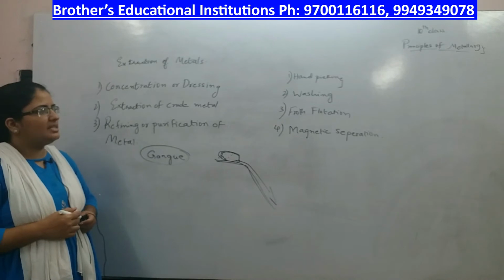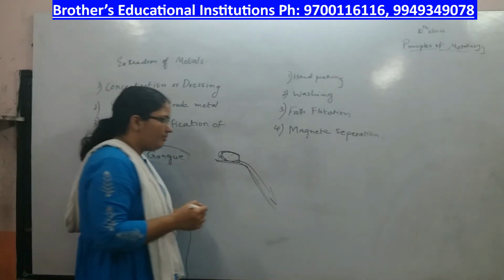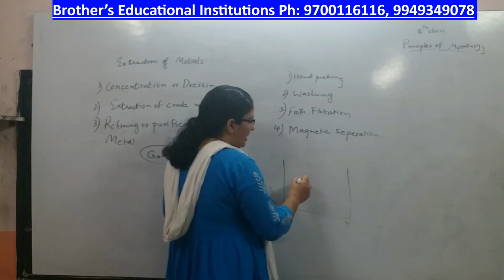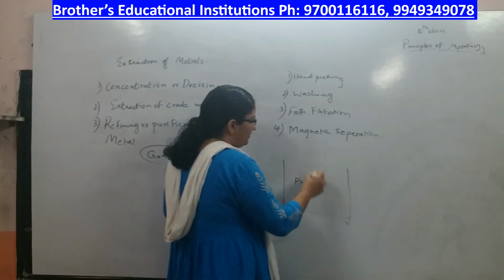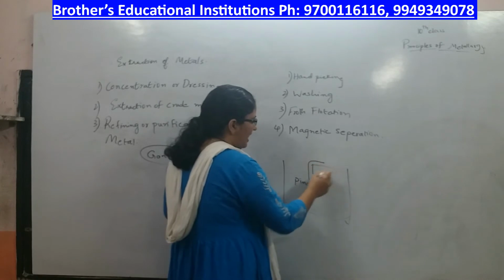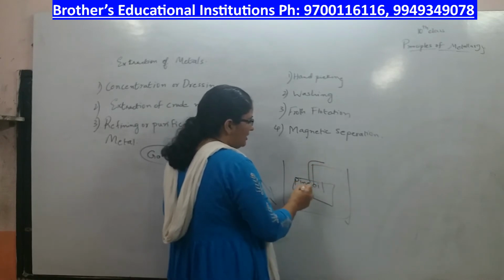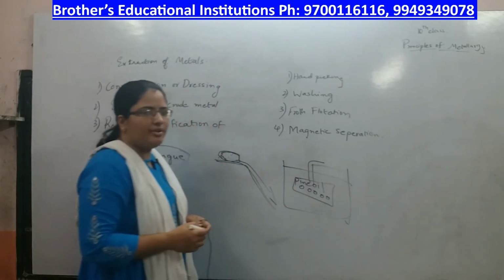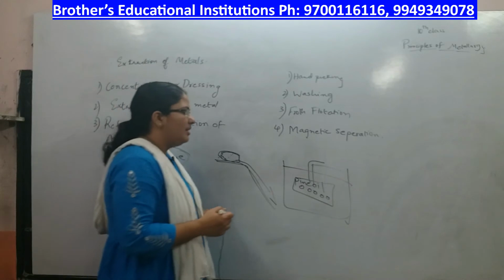The next technique is froth flotation. In this froth flotation, a tank is taken in which some oil like pine oil is added, and air which is at high pressure is passed through this oil. This is usually used for sulfide ores.